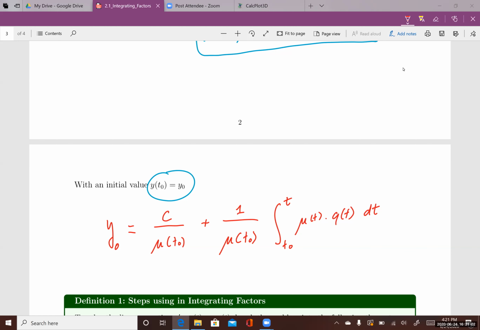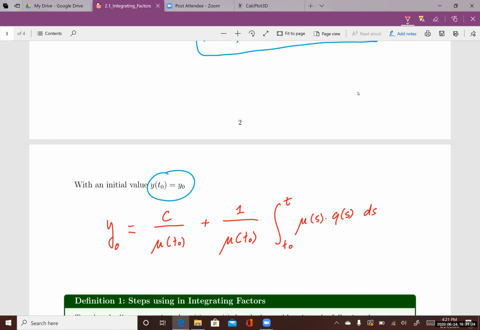Because you have t in your bounds, you have to change the variable inside your integral to a different variable.